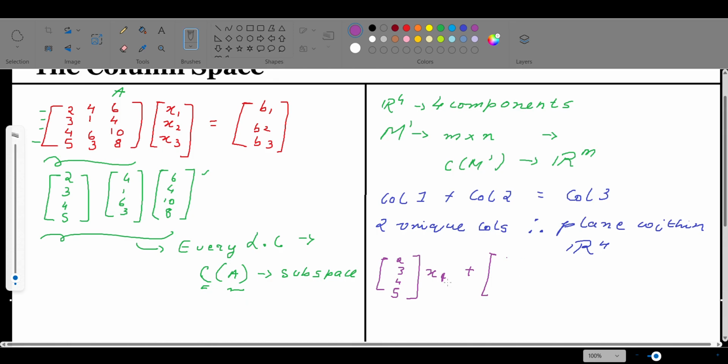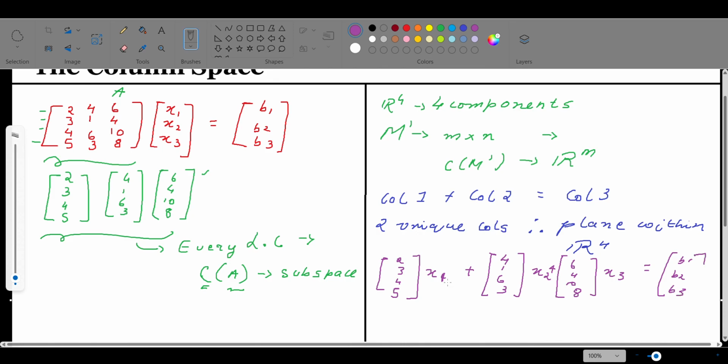Then (4, 1, 6, 3) times x2, and plus (6, 4, 10, 8) times x3 is equal to (b1, b2, b3, b4).